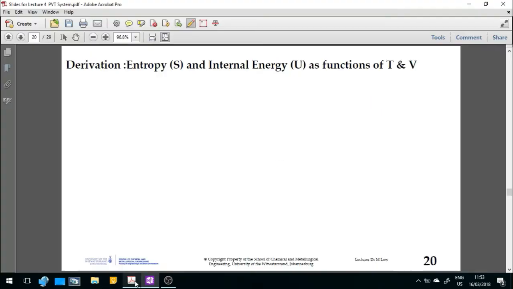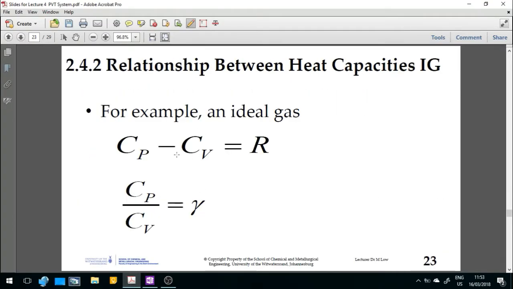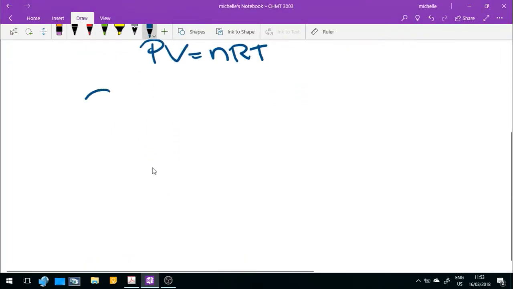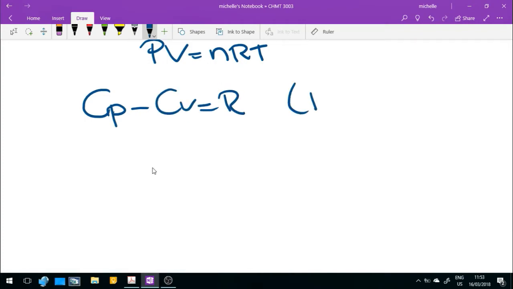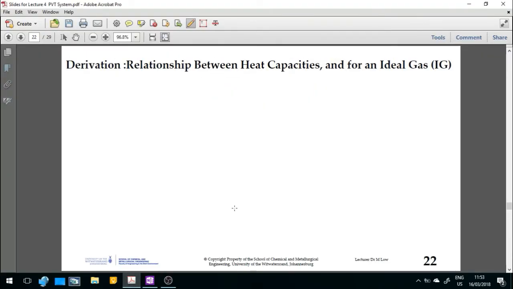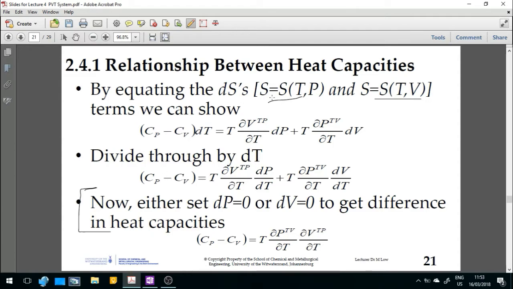And near the end of one of the slides over here, you can prove for an ideal gas that Cp minus Cv equals R. So you can try and prove this in your own time for an ideal gas, and this slide followed this over here, relationship between heat capacities. So you can see that this is a placeholder and this is a placeholder.